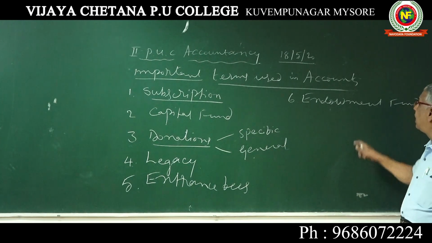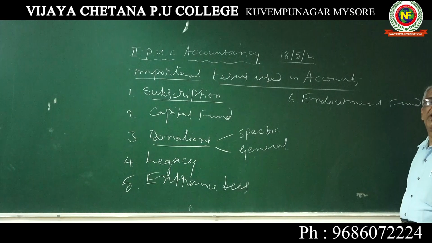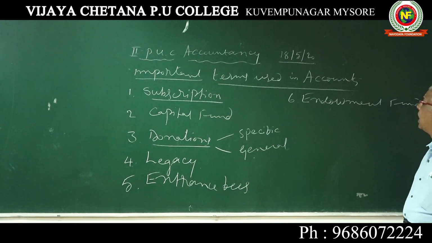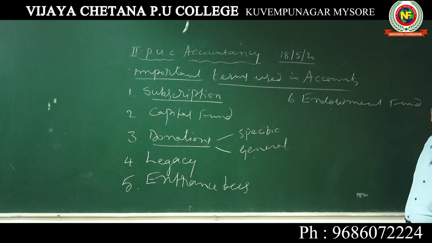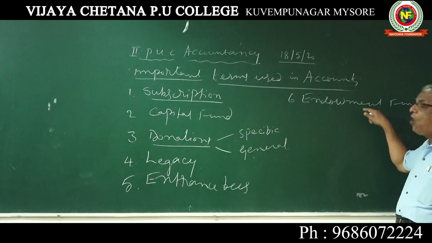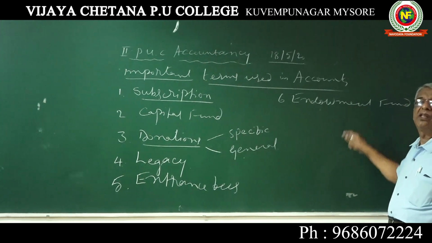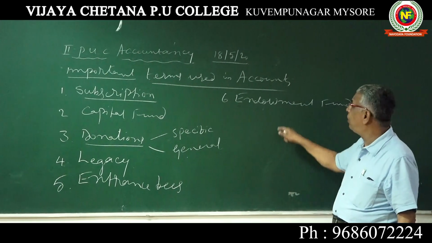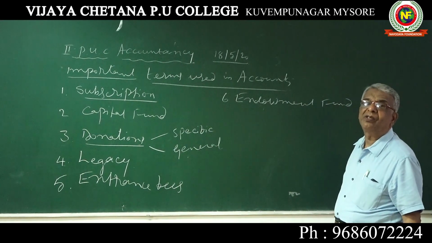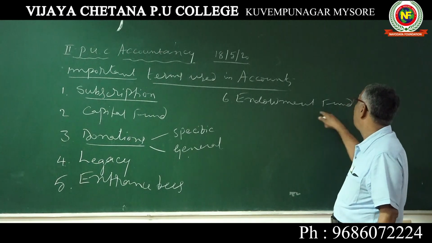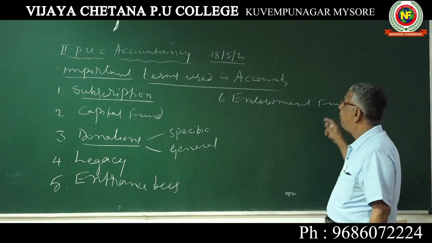So that amount can be utilized for the development of the not-for-profit organization. This endowment fund is a capital item. This cannot be utilized for other purposes. This amount can be used only for that specific purpose. For such an amount we are going to call it endowment fund.